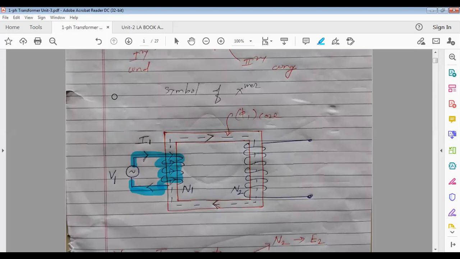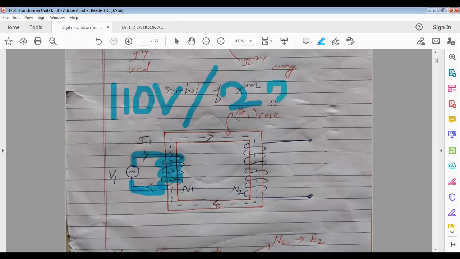Suppose in this subject, in the 5th experiment, you are going to perform on the transformer direct loading method. You will find in that experiment, on the primary side you are going to apply 110 volt, and on the secondary you will get 220 volt.